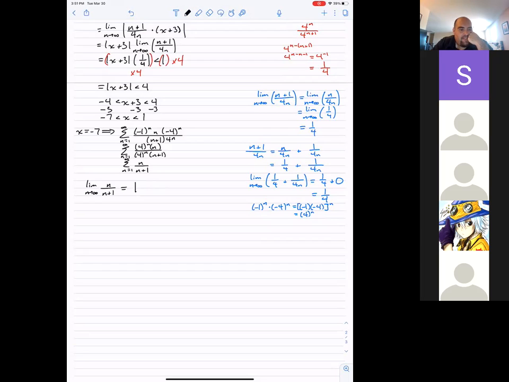So what can we say about this series when x is equal to -7? So it diverges then? It diverges. Because the sequence converges to 1. If you have a sequence that converges to 1, what can you say about the series?